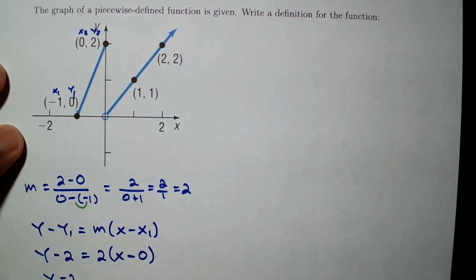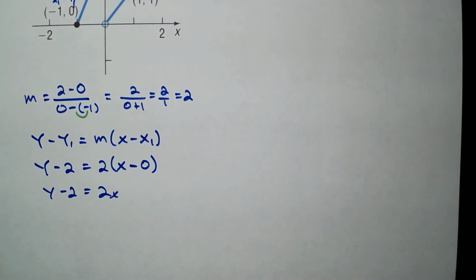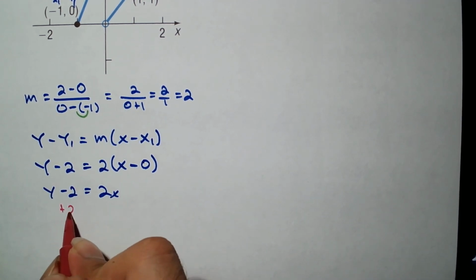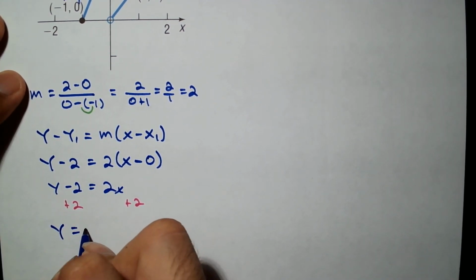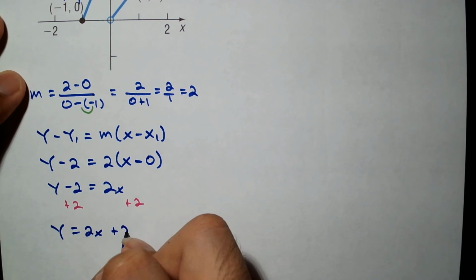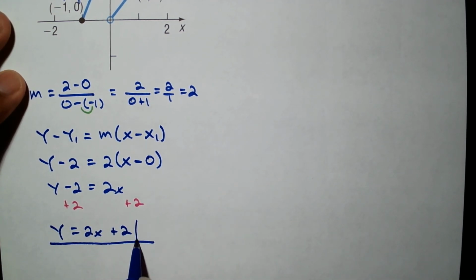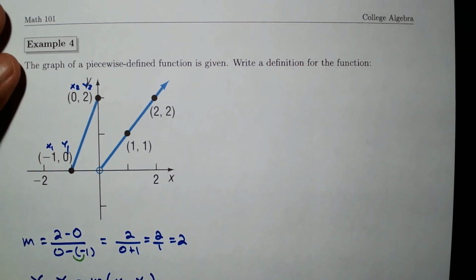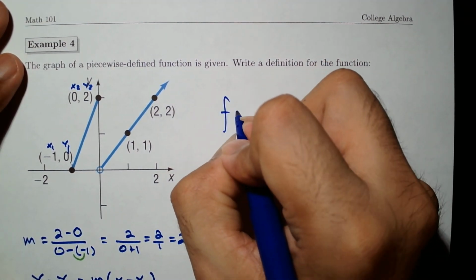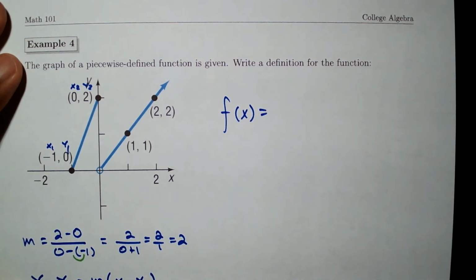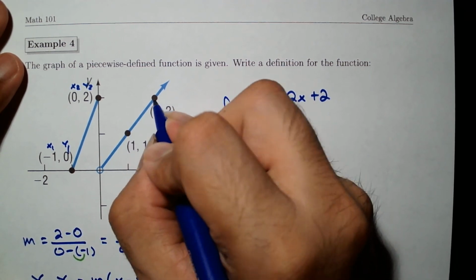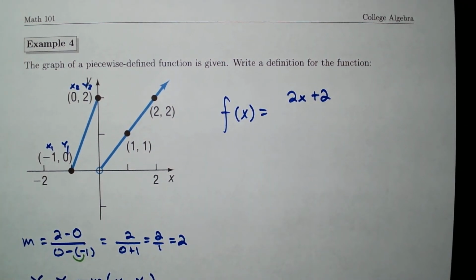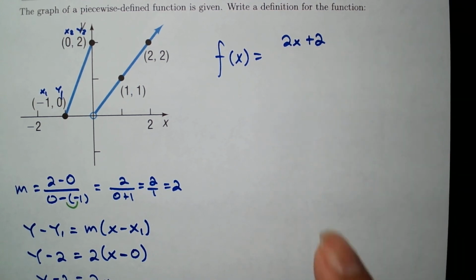So we're going to have y minus 2 equals 2 times 0, it's just going to be 0, and all we do is add 2 to both sides to get y by itself. Okay, so that's one. So it would be a good idea to start defining the function as f of x equals, number 1, 2x plus 2. Now we need to find the piece for this other function. Okay, we will look at the restriction afterwards.